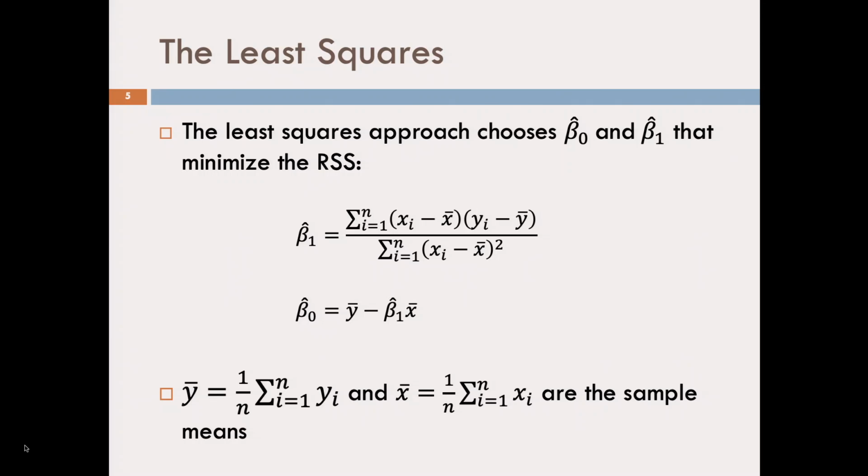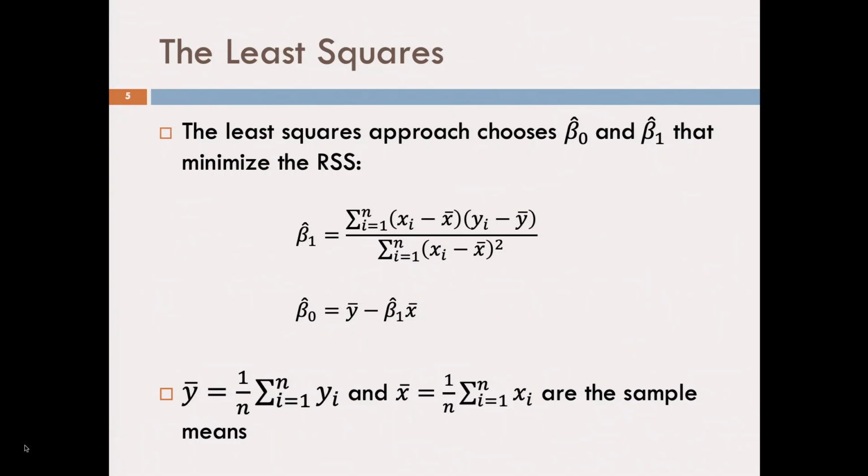So how do we calculate the estimated beta? We use this formula. With this, we calculate the estimated beta 1, and with this, the estimated beta 0. This is a sum over each observed point minus the mean of the points, multiplied by the true observed outcome.